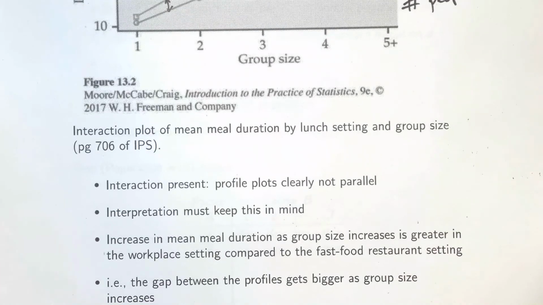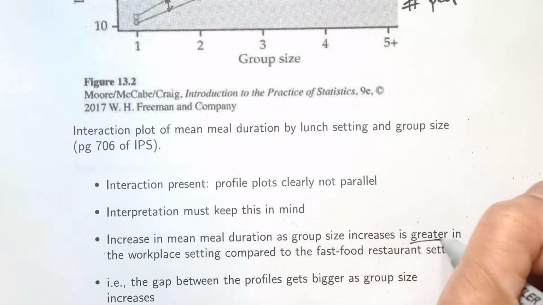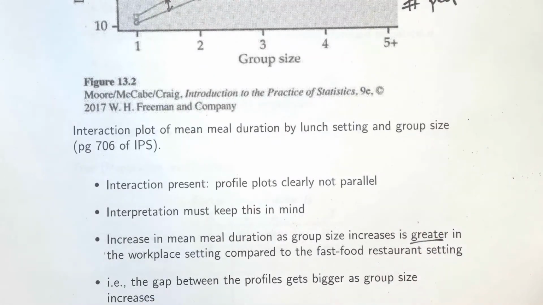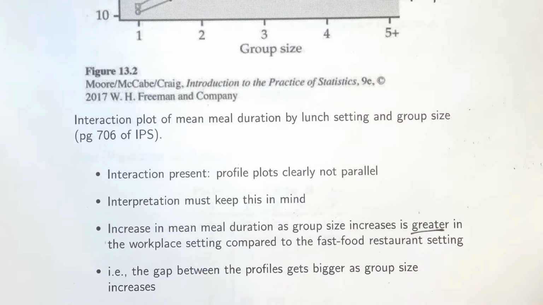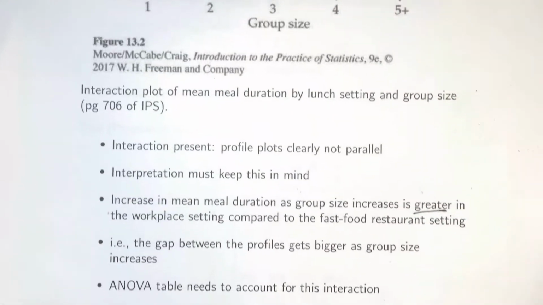What else? The increase in the meal duration. There's an increase in meal duration as the group size increases, and that increase is greater in the workplace setting compared to the fast food restaurant setting. So that's another way of talking about that gap. So the gap between the profiles gets bigger as group size increases. It's probably a nicer way to word it than I did up above.